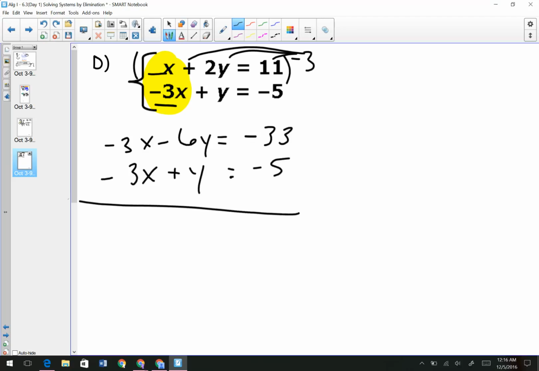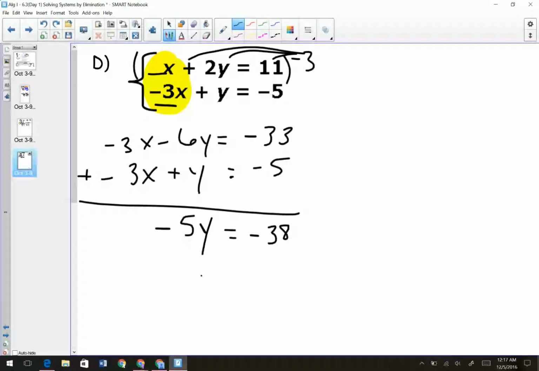And I'm going to add these two equations together. So I got a -5. Again, this first terms will cancel, which is good. -5y is equal to -38. That doesn't look right. -6 plus 1, -5.